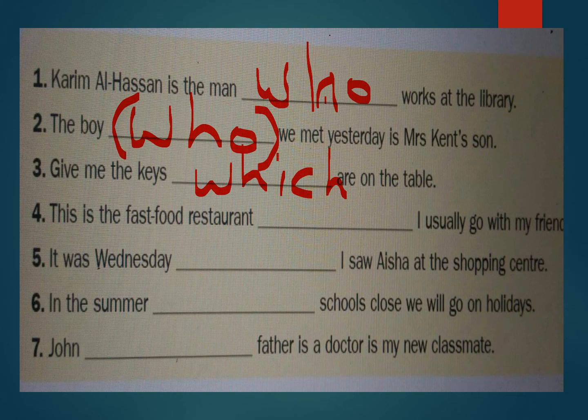If you said where, it would have been correct. Who can tell me why I should use where here? Very good, because it refers to a place.